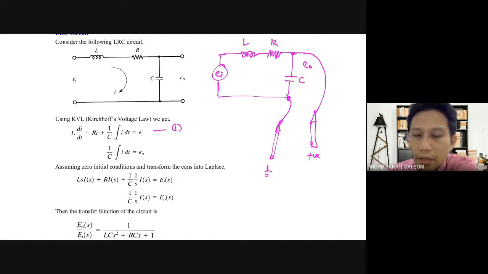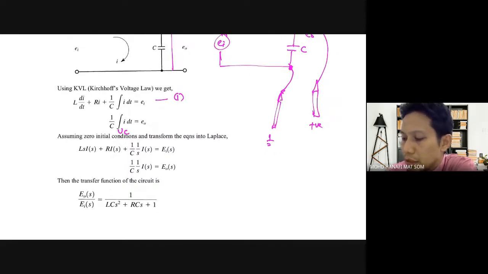For the second equation, we have to find the relationship between E naught and whatever is close to E naught. In this case, we can find the relationship between E naught and C. The potential measured across C is E naught. So what we have here is VC, and VC is equal to E naught.